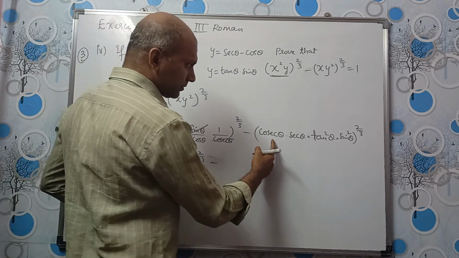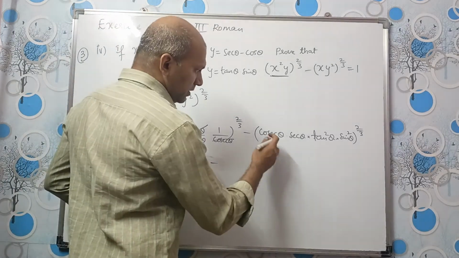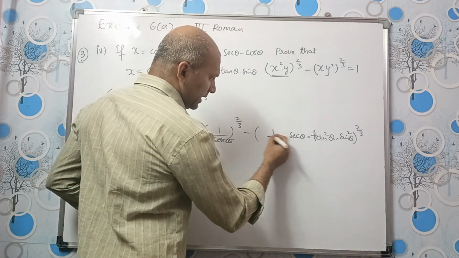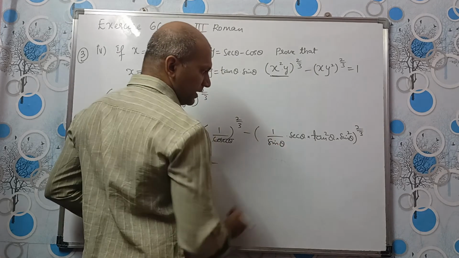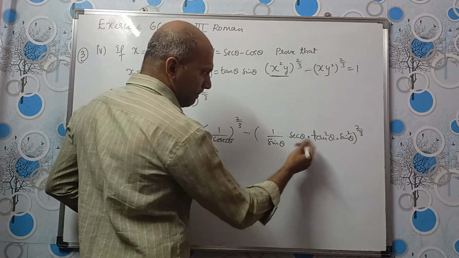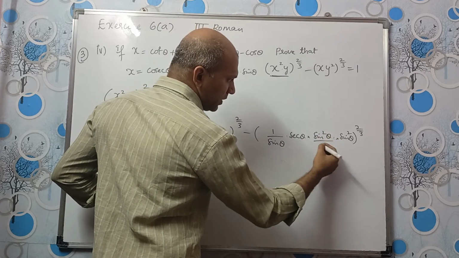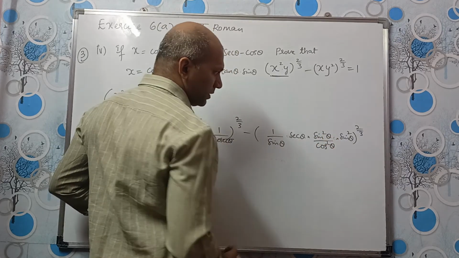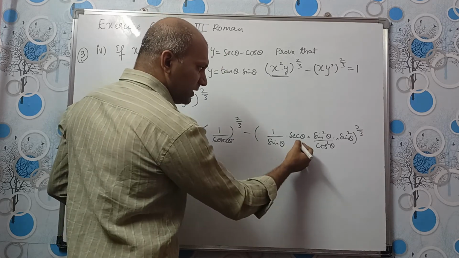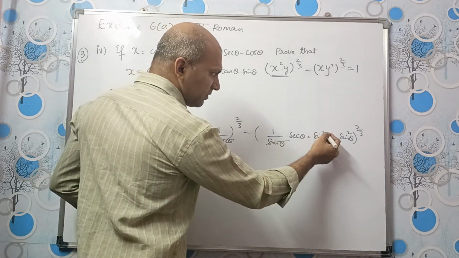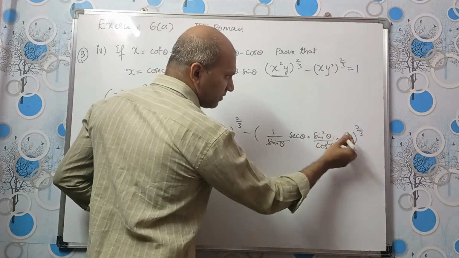Minus here, let us write cosecant as 1 by sine, and tan square as sine square by cos square. So what do we have now? One sine will get cancelled.